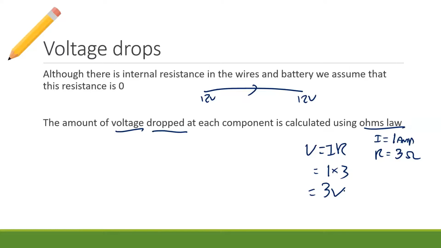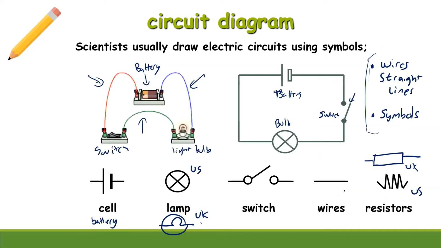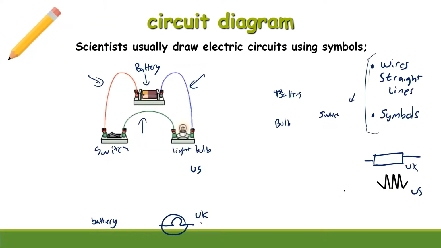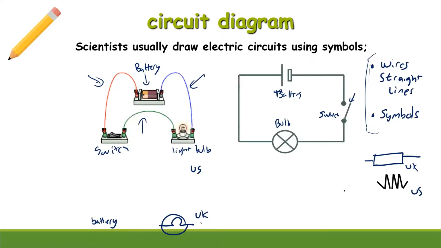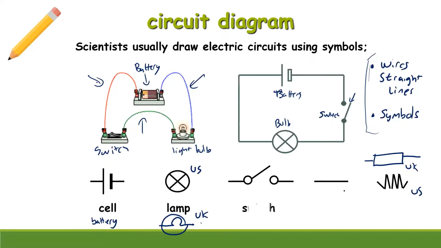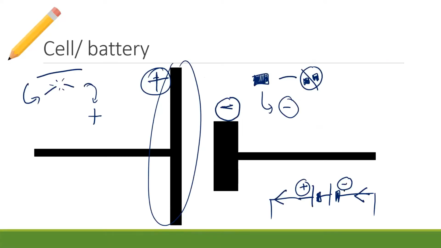So first things first, that's it for this lesson. I want to quickly go over what I talked about. First, I talked about the components. We draw things using straight lines, and we also use symbols. Some of the main symbols are the battery symbol, the light symbol, the switch symbol, and the resistors. The positive part of a battery is the long thin side.